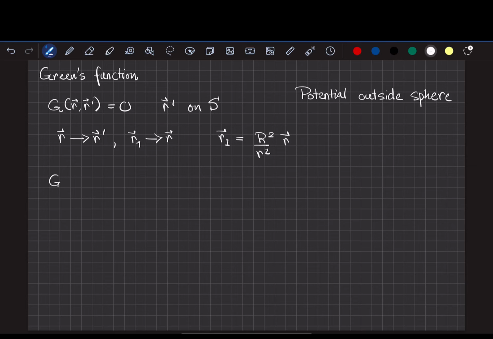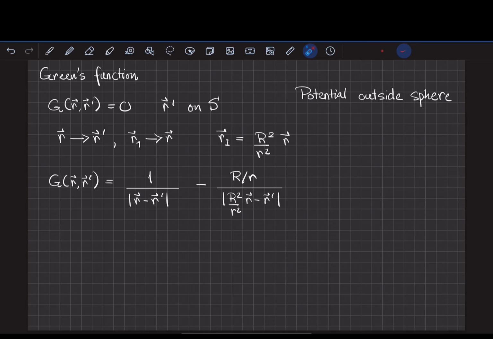So our Green's function is now defined in this way, and it is already obvious that by our definition this first condition is satisfied because this function, as we have seen before, vanishes on the surface S.